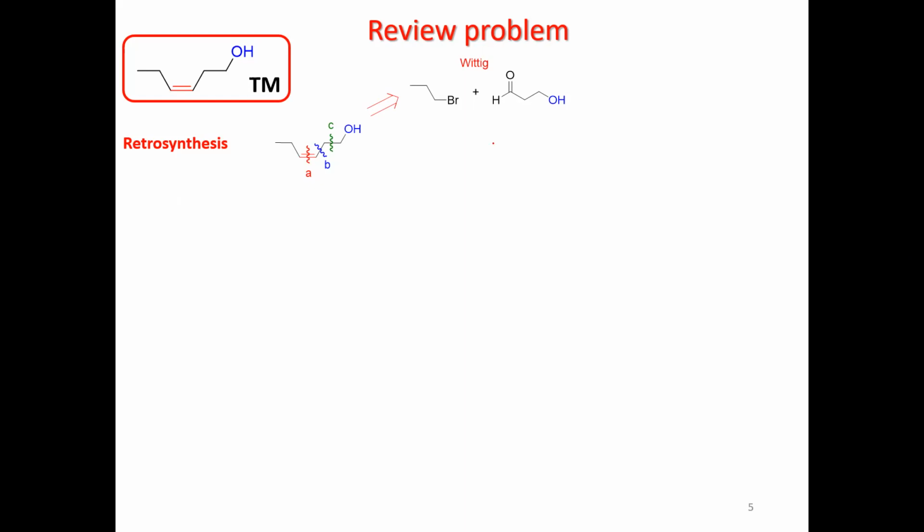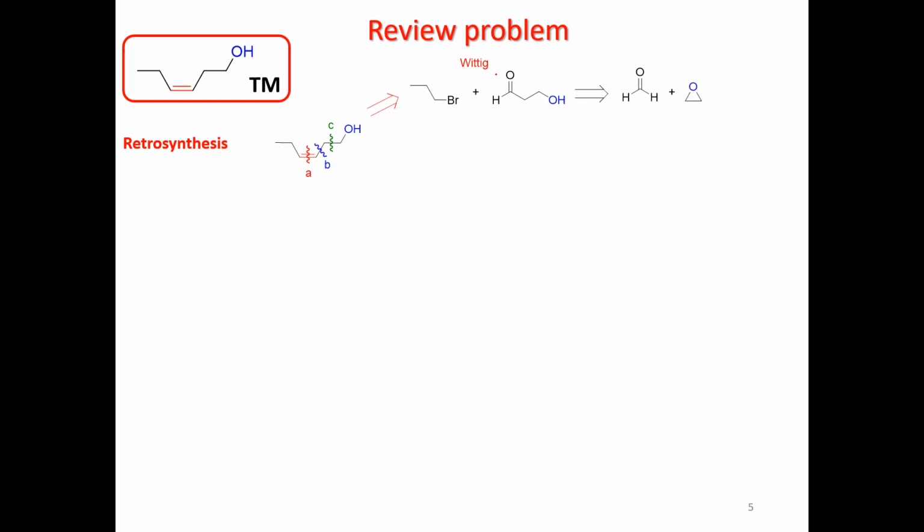In this case, if you have to choose where to put the phosphorus, where to create the halide, and where to create the aldehyde, you need to put the halide on the saturated version of the compound because it has to be unstabilized if you want to get the cis.